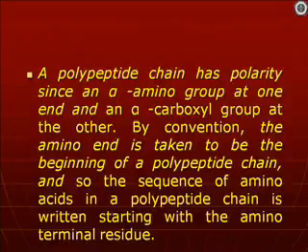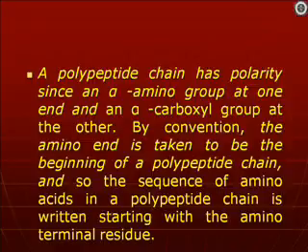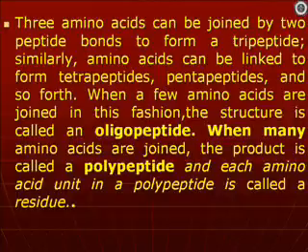A polypeptide chain has a polarity, since there is an amino group at one end and a carboxyl group at the other. By convention, the amino end is taken to be the beginning of the polypeptide chain, and so the sequence of amino acids in a polypeptide chain is written starting with the amino terminal residue. As you can see, the amino end is towards the beginning side and the carboxyl end is towards the terminal side.